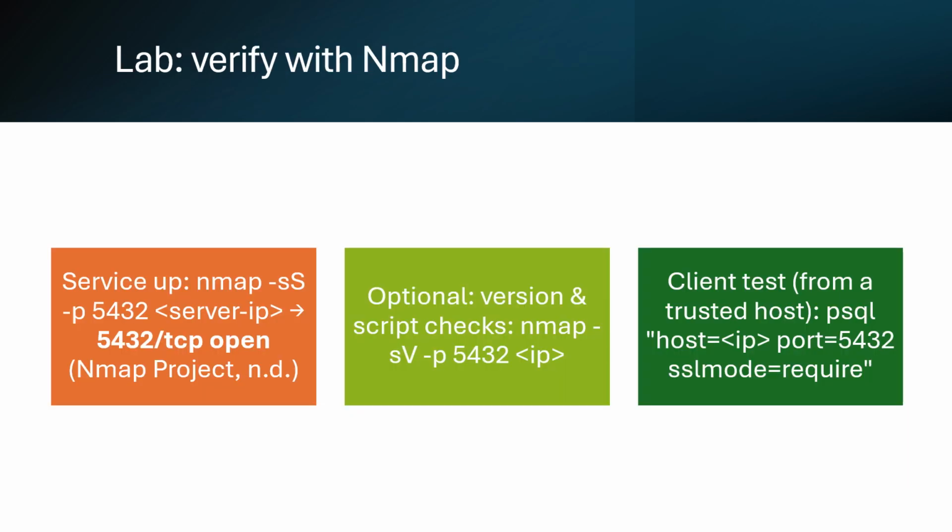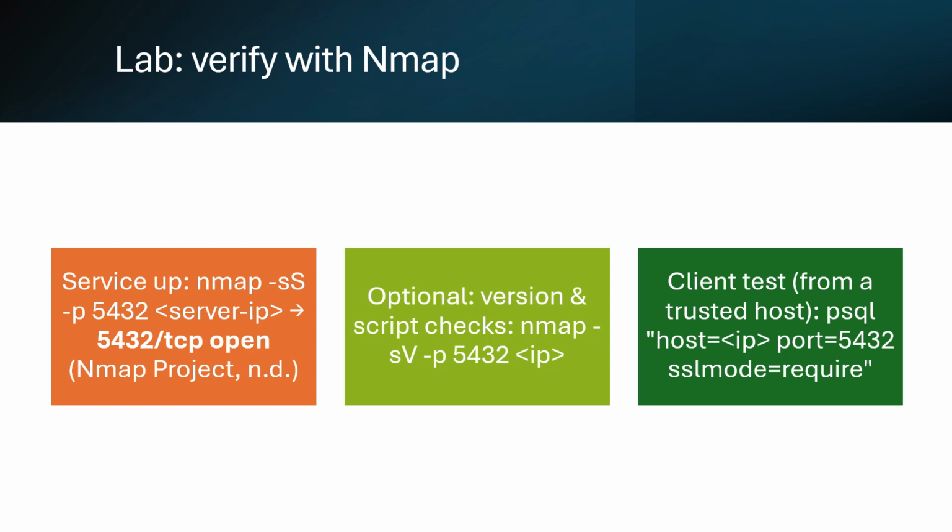To confirm setup, run nmap -sS -p 5432 server IP. You should see 5432/tcp open. To go deeper, use nmap -sV to see which version is responding.